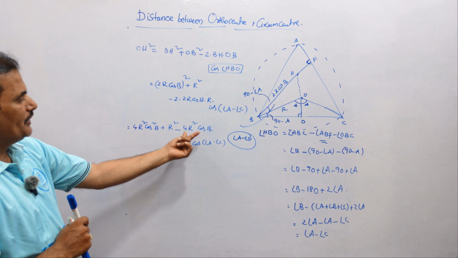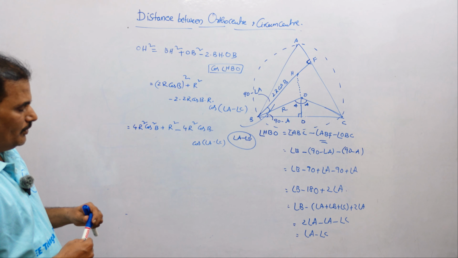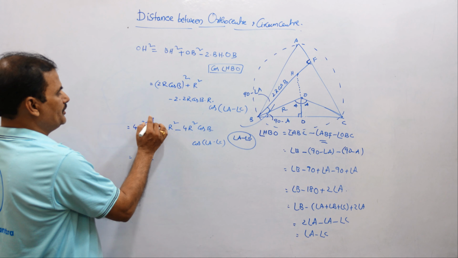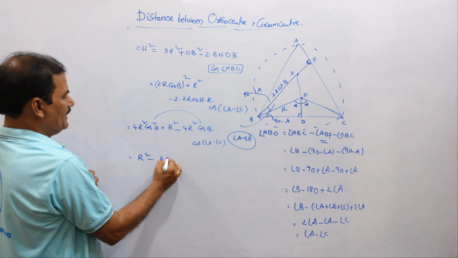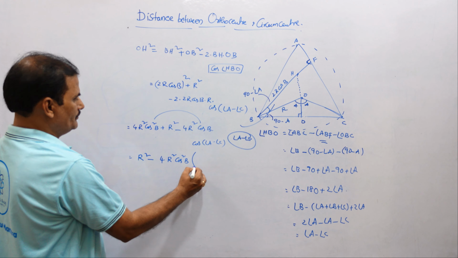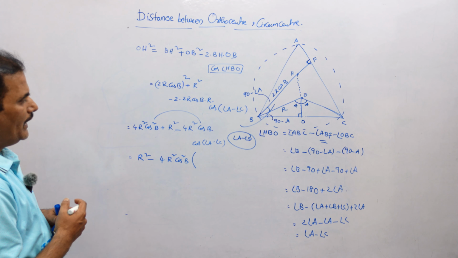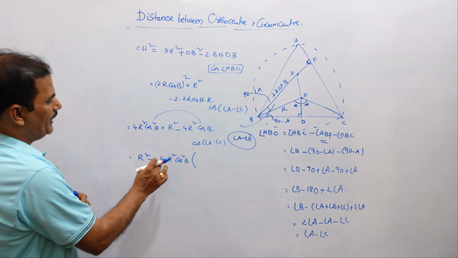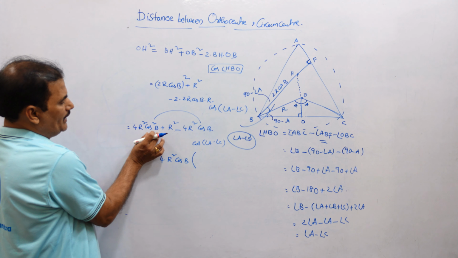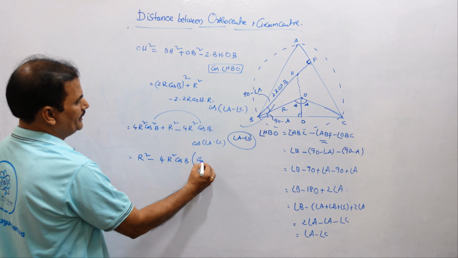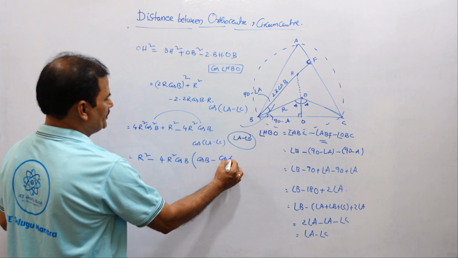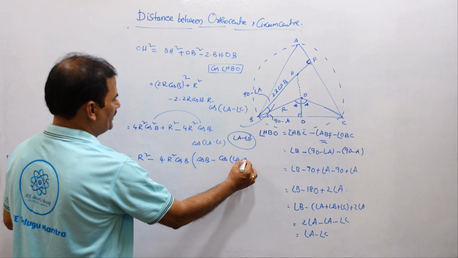Now R square should be separate, and from these two terms take common 4R square cos B. We get cos B in the first term, and the second one is minus cos of angle A minus angle C.